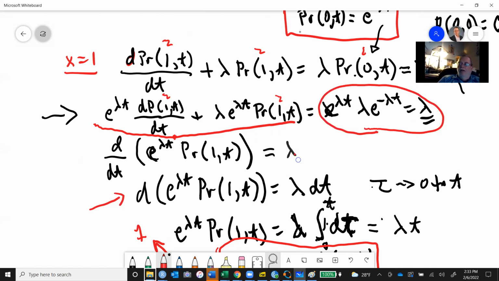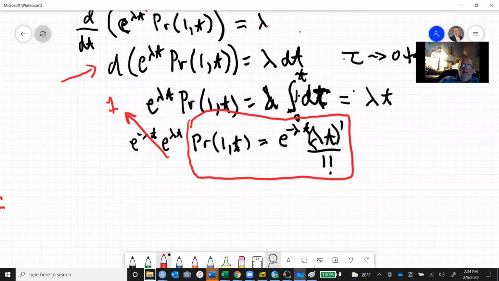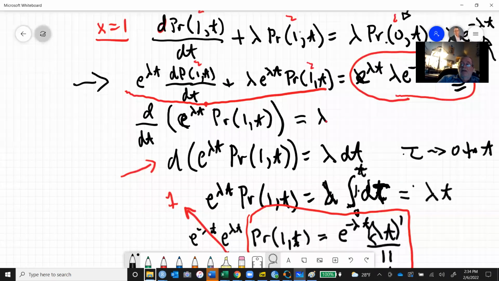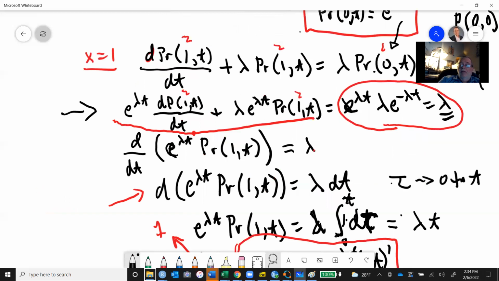It isn't just lambda now. It's lambda times something, when we do the integrating factor. So maybe I shouldn't skip so much. Well, I can skip part of this. Let's get down to here. It's going to be lambda times P1 t on the right-hand side. On the left-hand side, it's going to be that expression. Okay, good.